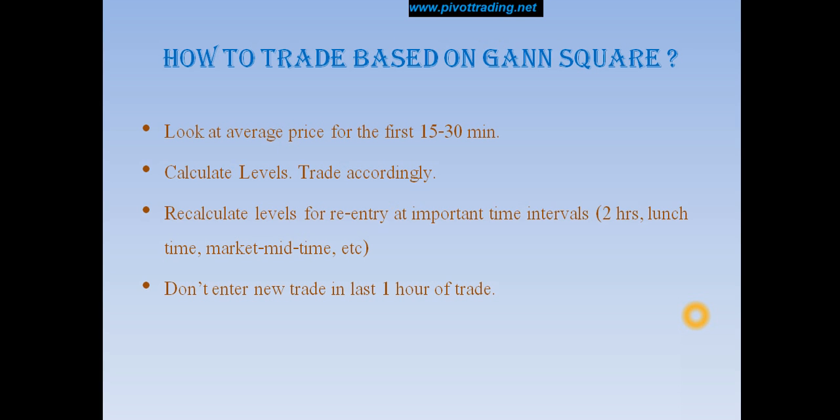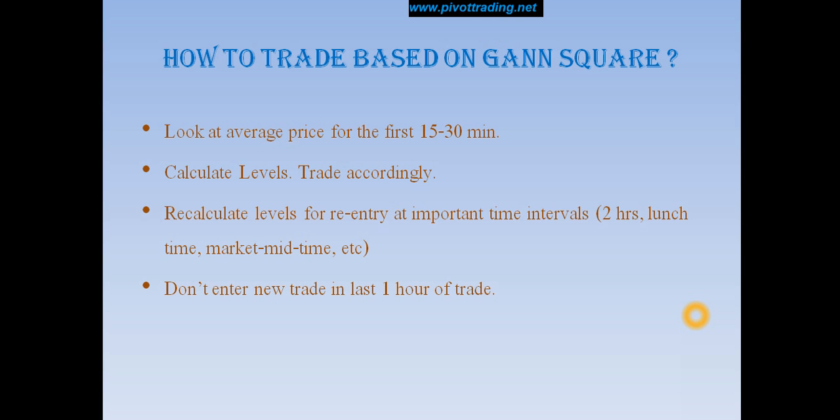The next step is, once we have identified the average price, which we use as an input parameter, we calculate the levels and then trade based on those levels. Once we have done one set of trades, we might have a few hours left before the market closes, so we would like to re-enter other trades. How we enter them depends on the script, the exchange, and the person.